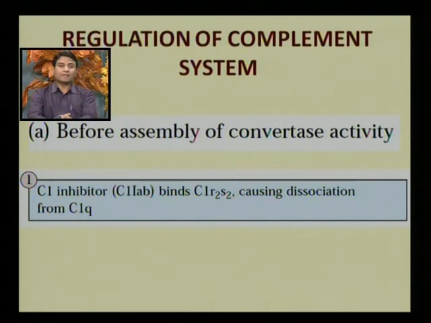One of the proteins is known as C1 inhibitor, C1INH, that binds to C1r2s2, causing dissociation from C1q.